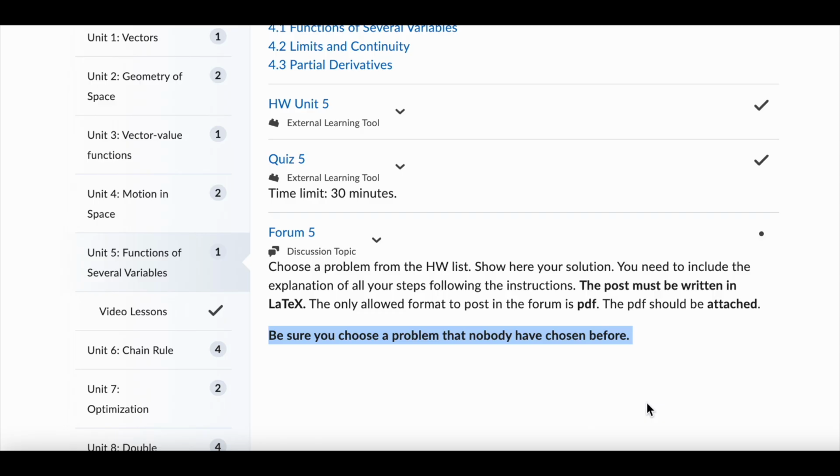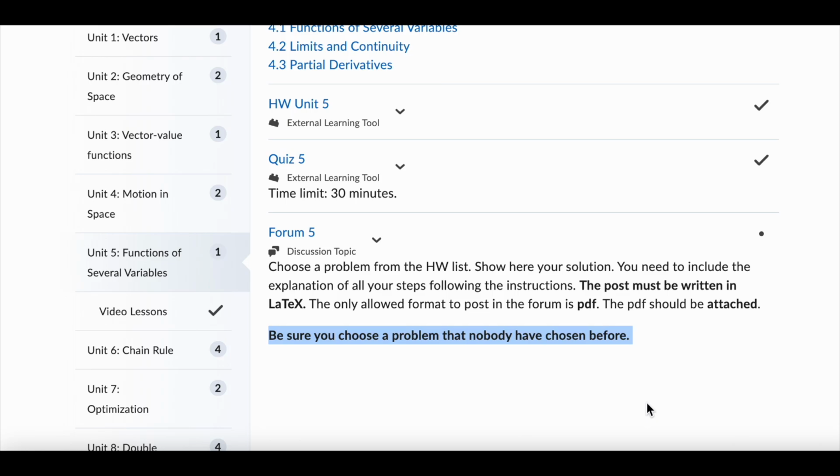So be sure that this forum is like a blog. All the problems are going to be listed there, and you need to actually read the forum. You need to read all your classmates' posts and also all the comments of your classmates, and of myself. So you should always be looking at the forum.